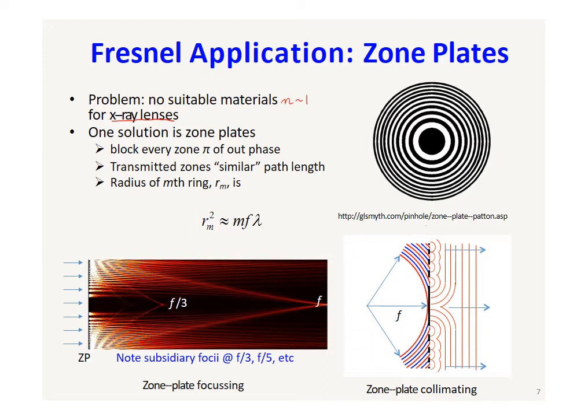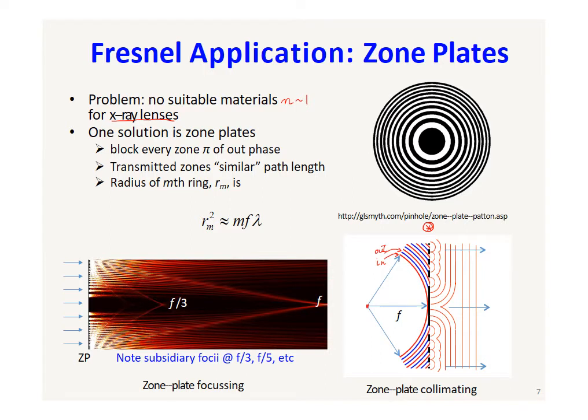Let's have a look at an example down in the bottom right. We have a point source of electromagnetic radiation, let's say it's X-rays in this case. And I've indicated in red and blue wavefronts that are pi out of phase with each other. So we'll call the red ones in phase and the blue ones out of phase.